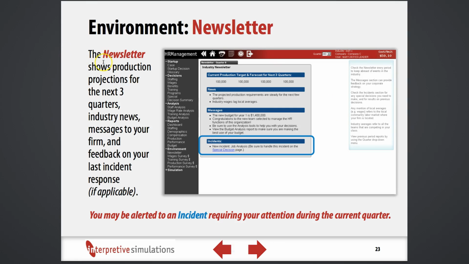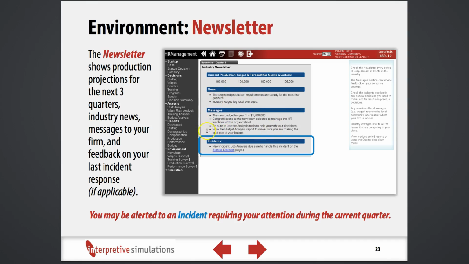The newsletter shows you your projections for the next 3 quarters when it comes to the production targets, all right, what you expect you need to make in order to meet customer demand. Gives you some industry news here.